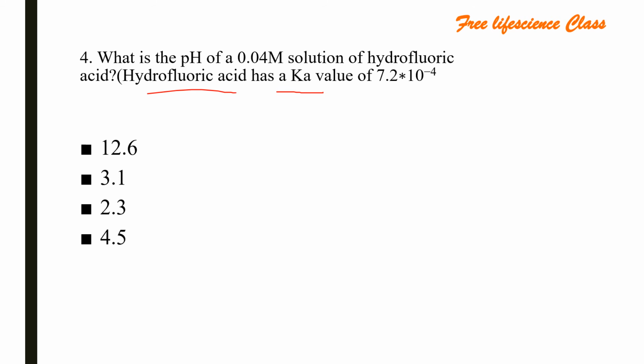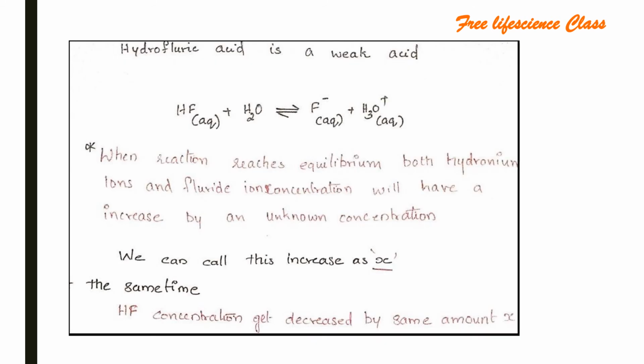So how to calculate this question? In this question it is given that hydrofluoric acid is a weak acid, and when it is dissolved in water, the balanced equation will become HF plus H2O will produce fluoride ions and hydronium ions.